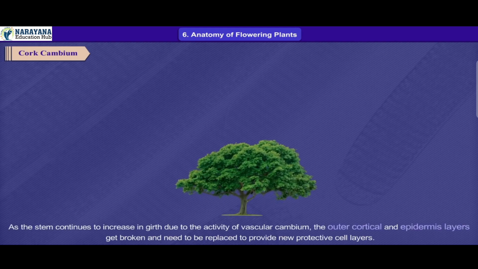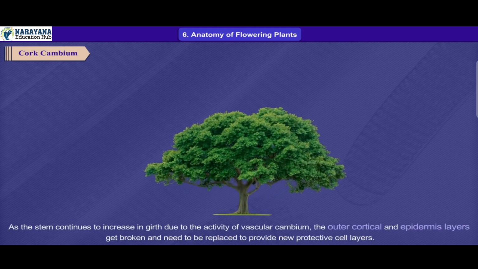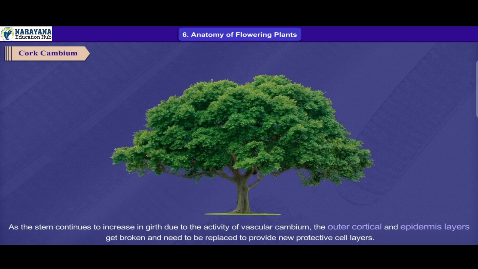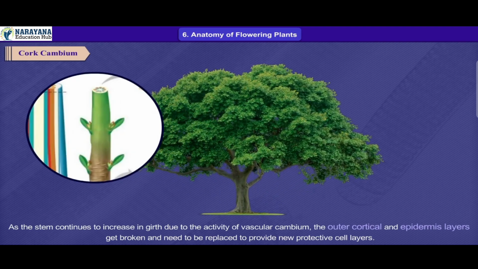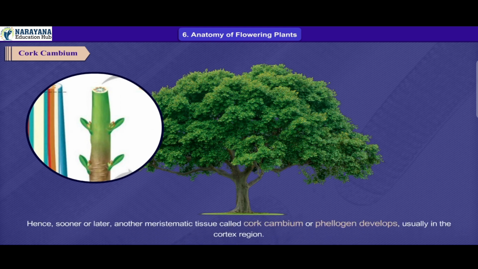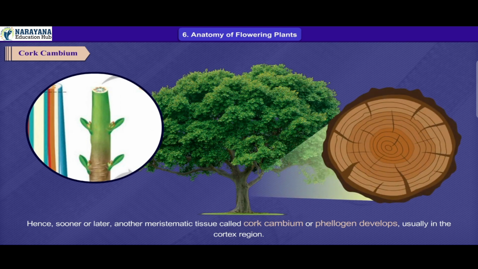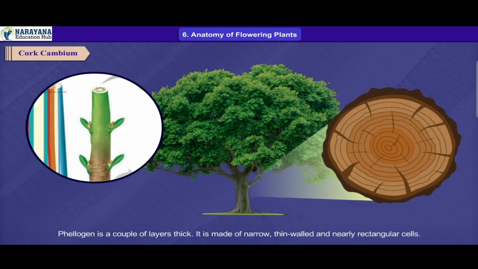As the stem continues to increase in girth due to the activity of vascular cambium, the outer cortical and epidermis layers get broken and need to be replaced to provide new protective cell layers. Hence, sooner or later, another meristematic tissue called cork cambium or phellogen develops, usually in the cortex region.